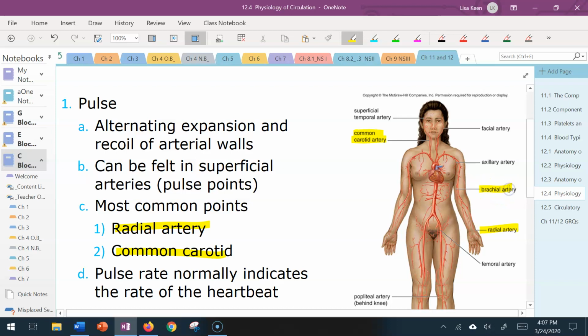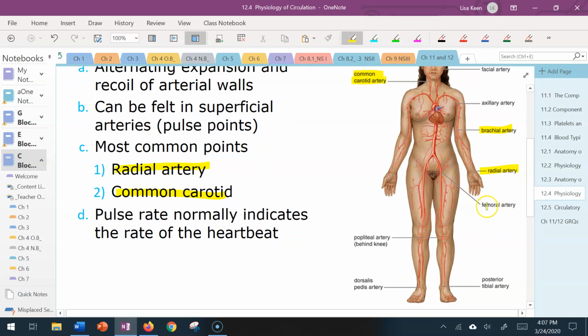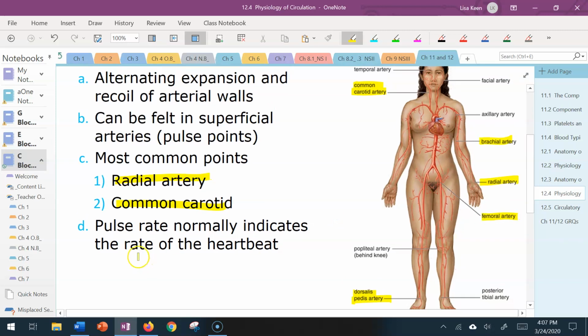Brachial artery is where we're going to take blood pressure with a cuff. And so we're going to use the brachial artery, but you can also feel a pulse at the femoral artery and on the top of the foot. Remember that your pulse should be about 60 to 100 beats per minute to be healthy. That's beats per minute.